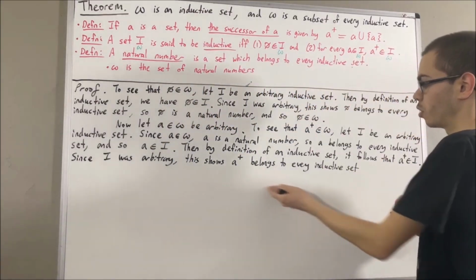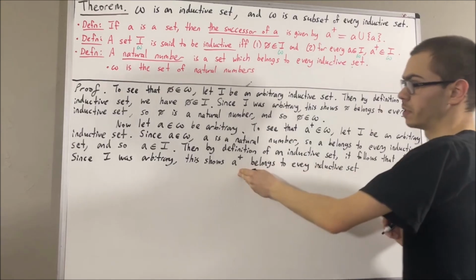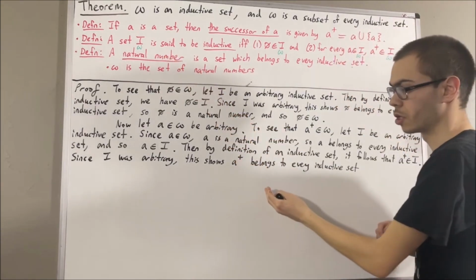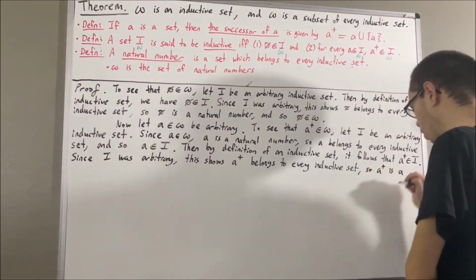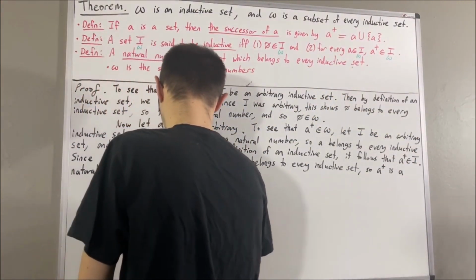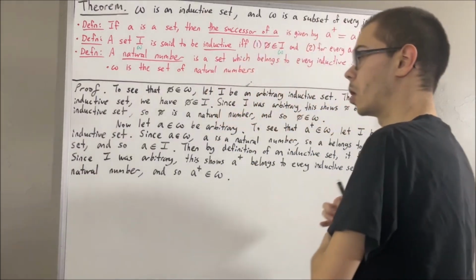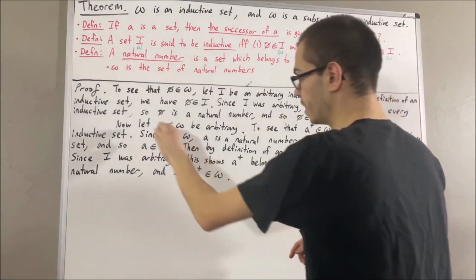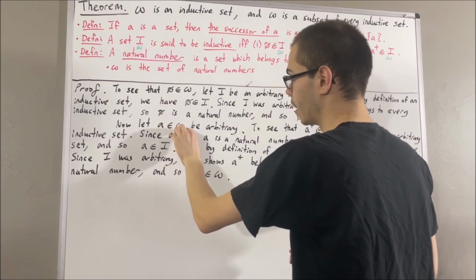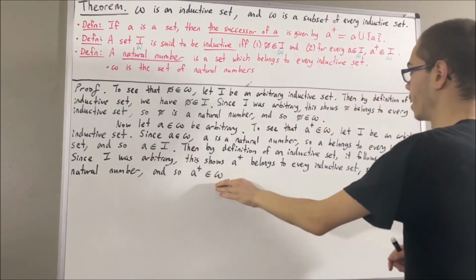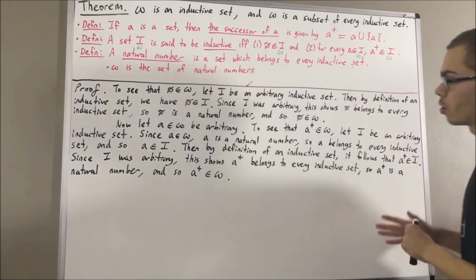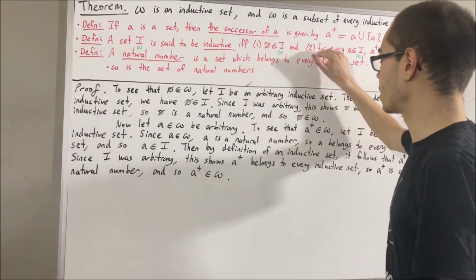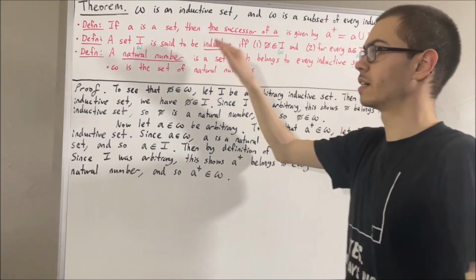And that's what it means by definition for the successor of A to be a natural number, so the successor of A must belong to omega. And so putting this all together, if A is any element of omega, then the successor of A must also belong to omega. So that verifies the second condition holds as well. So we have verified both these conditions hold for omega, so omega is an inductive set.